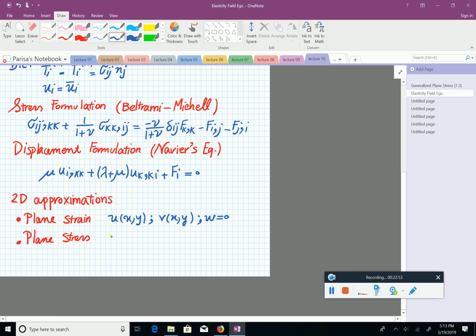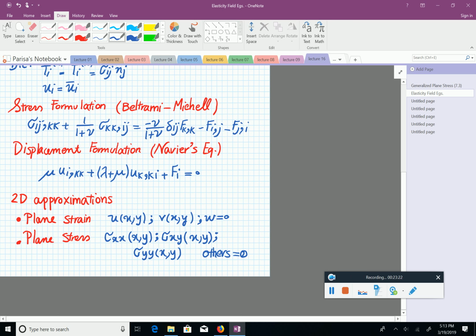And plane stress, we said sigma xx would be a function of x and y, sigma xy would be a function of x and y, sigma yy would be a function of x and y, and I ran out of space, I just say others are 0.